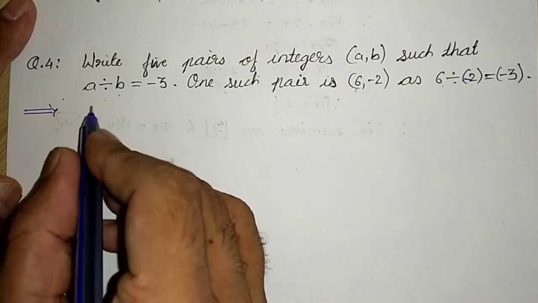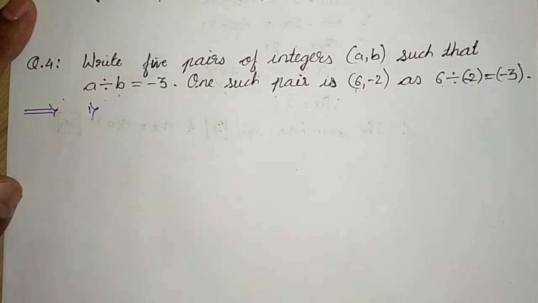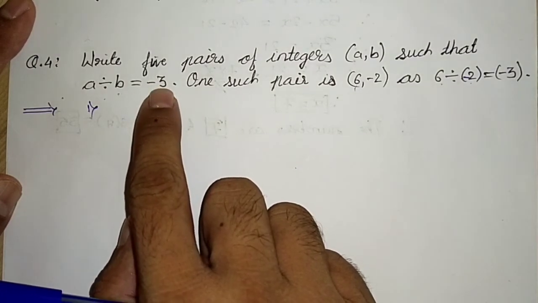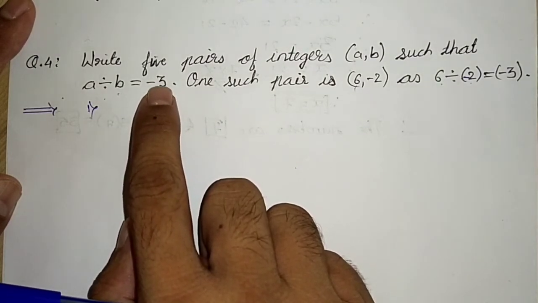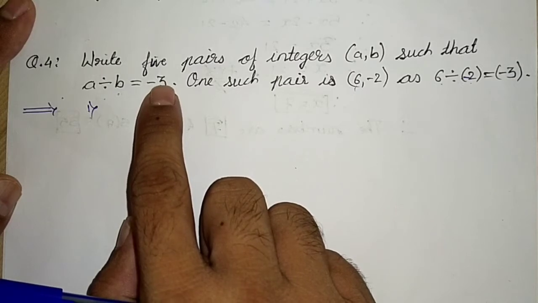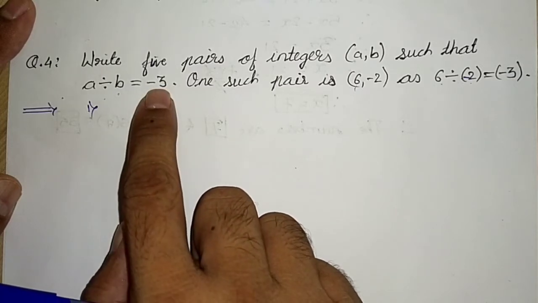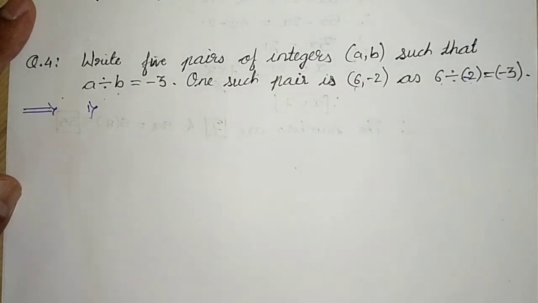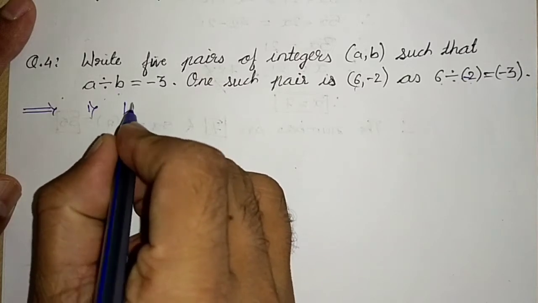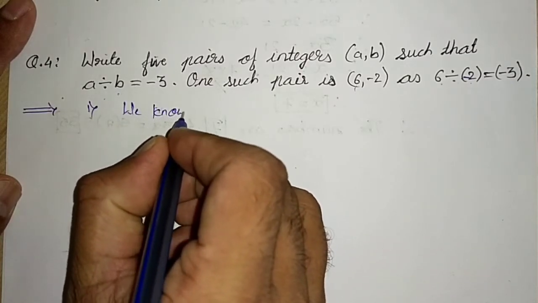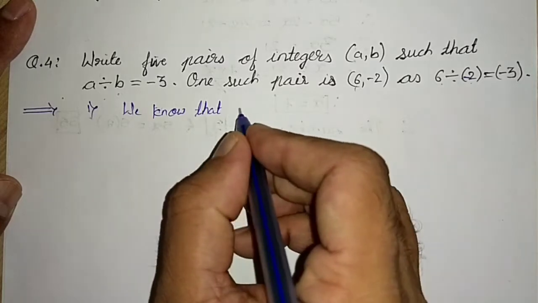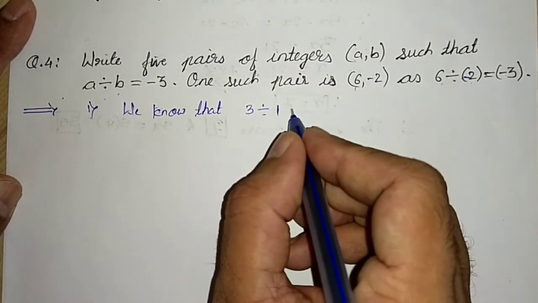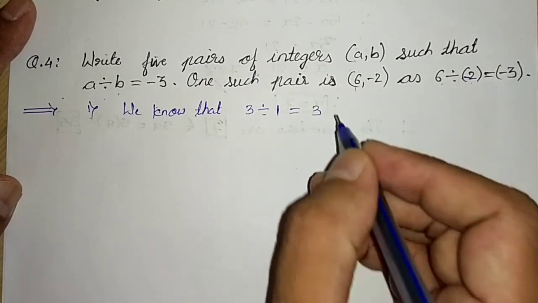So let us start with the first pair. Whenever such questions are given, whatever the answer is, you will take the numbers which come in that table only. So we will take 3's table, starting with 3 ones are 3. We know that 3 divided by 1 is equal to 3.